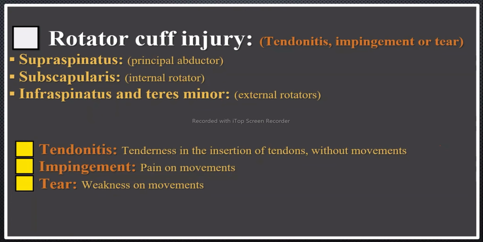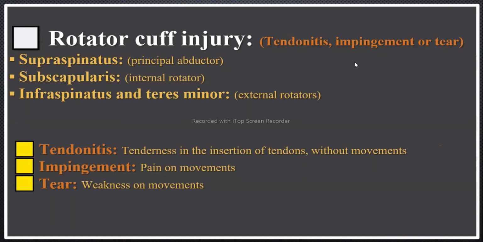This is how to verbalize and get marks in OSCE. So in tendonitis, the patient is just standing and you are palpating, looking at his eyes. If he has facial discomfort, it means he has tenderness, which means tendonitis.